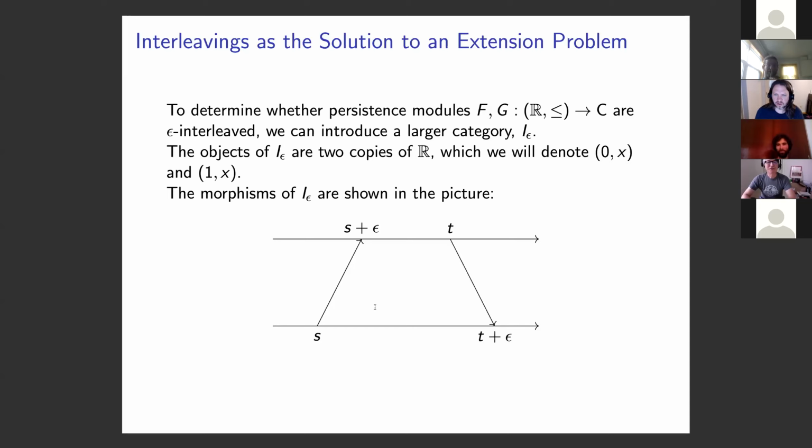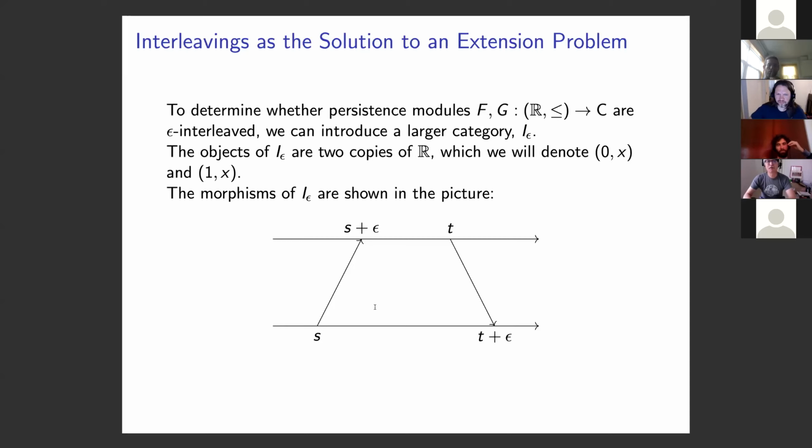Okay, and so we cook up this diagram category, a small category, in which we have the 2 copies of the real numbers. Those are all the objects we have, but we throw in morphisms corresponding to being able to cross the river, but at a cost of adding epsilon in either direction.